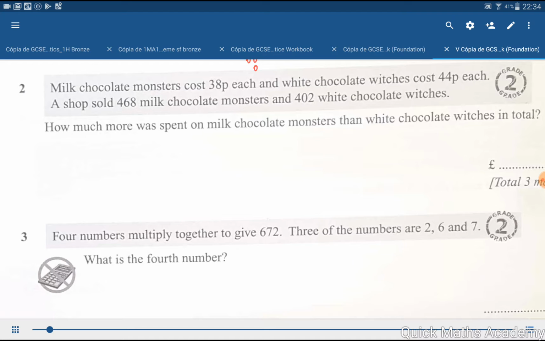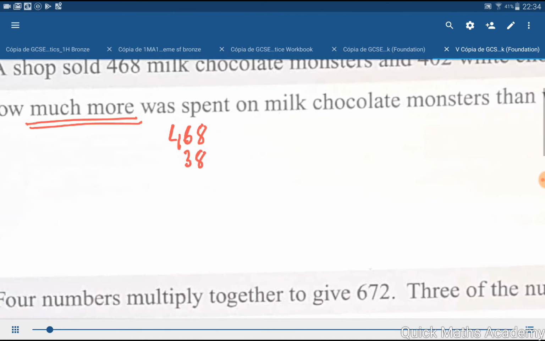So we do the math, we calculate how much each one is, and then we do the difference, alright? Because they are asking how much more was spent on one compared to the other, okay? So let's start by 468. Those are the chocolate monsters times 38p, okay? Let's do this.